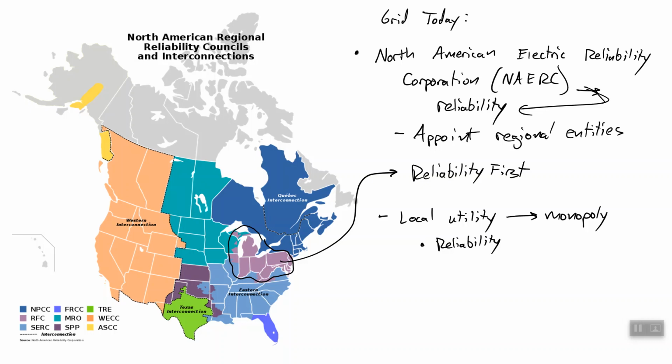It's easier to manage the grid if one person owns it. And because, let's be honest, installing millions of miles of copper or aluminum, almost always aluminum wire, burying it in the ground takes a lot of money. It is an expensive infrastructure, and it makes more sense to just have one.